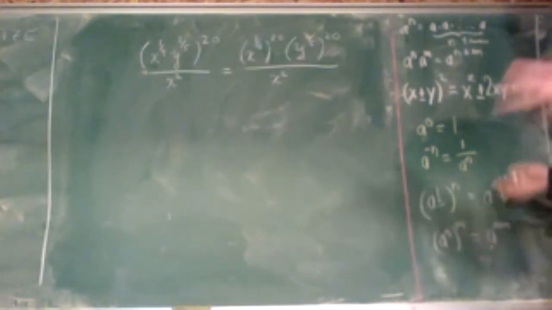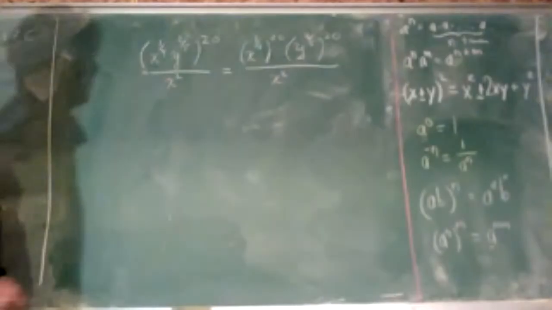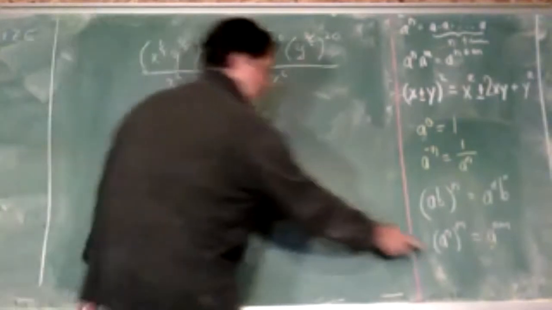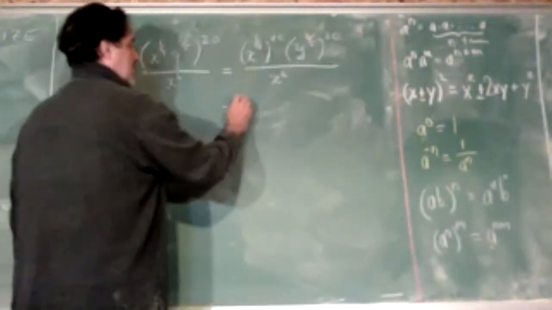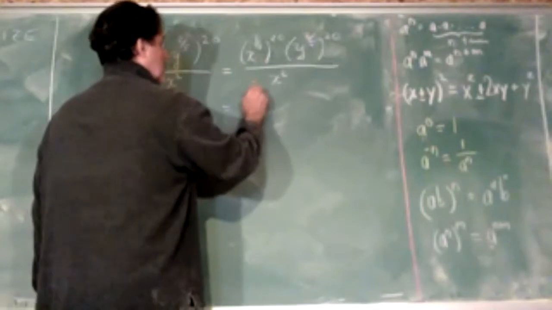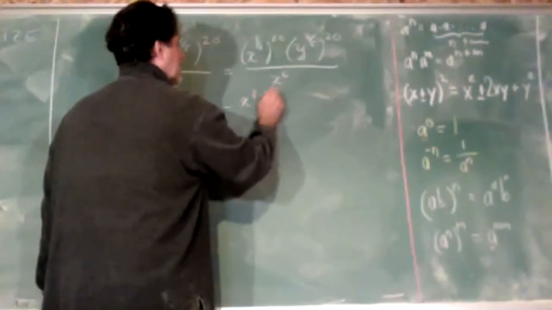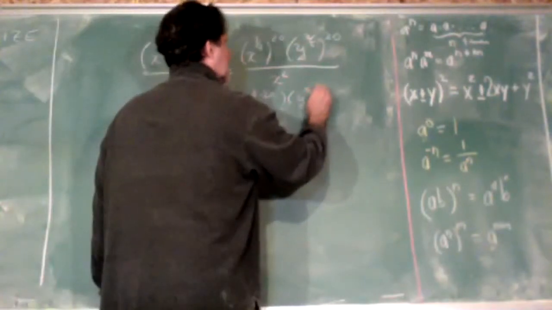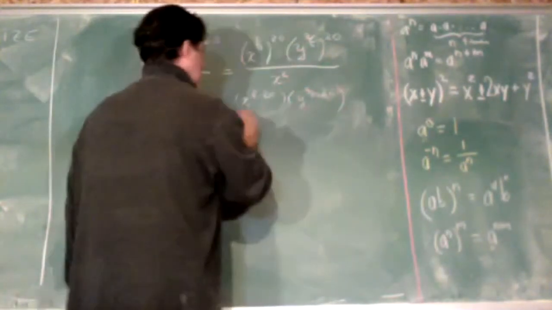So we're applying two versions of the power rules here. Applying the power rule, we obtain x raised to the 1/4 times 20, y to the 2/5 times 20, all over x squared.